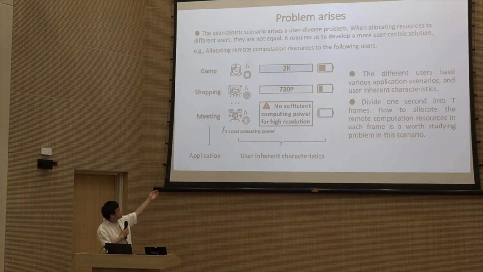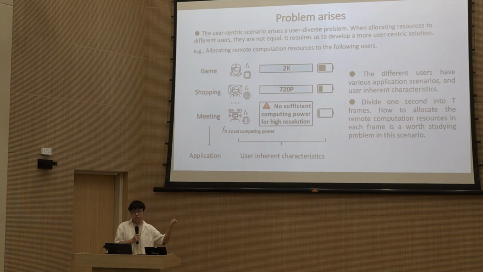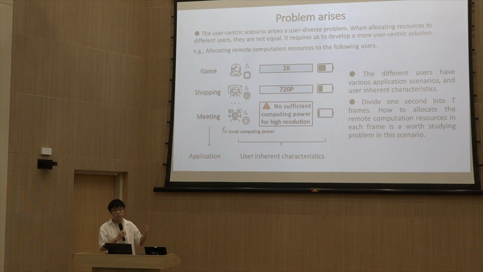So the following figure is an example of this kind of scenario, where there are three users. The first one is playing a game, the second one is doing online shopping, and the third one is having a VR meeting. They have different devices with different local computing powers, such as the local computing power of user 1 can support 2K high resolution, while the third one has no sufficient computing power for high resolution.